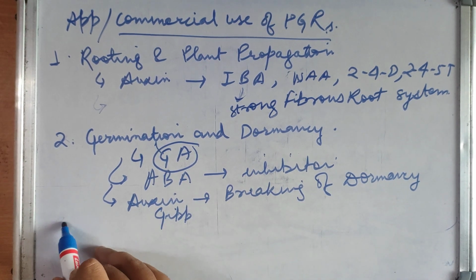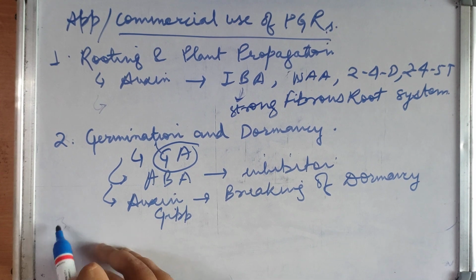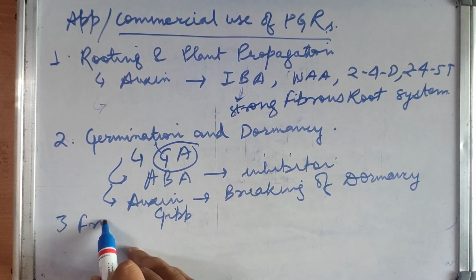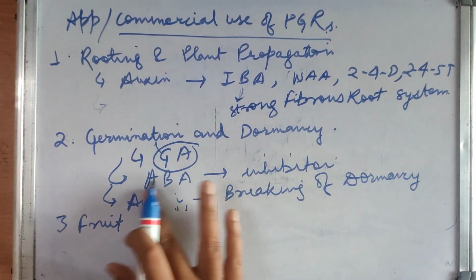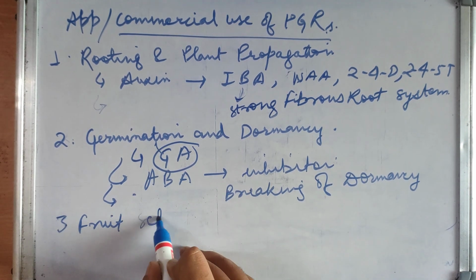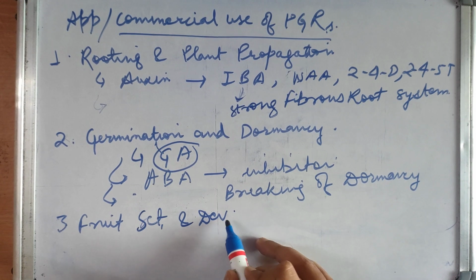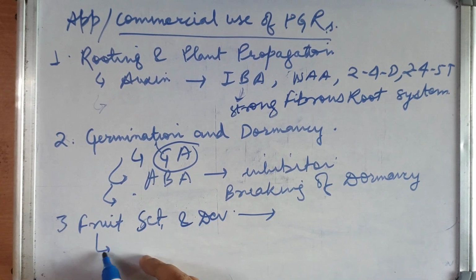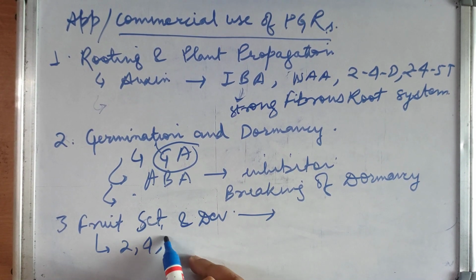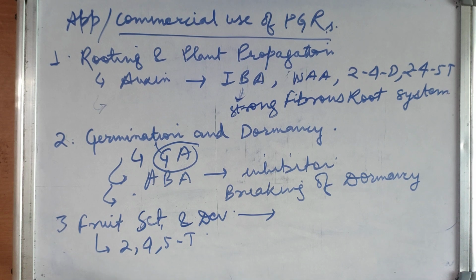Now they are also helpful in fruit set and development. For fruit setting, 2,4,5-T is very helpful.